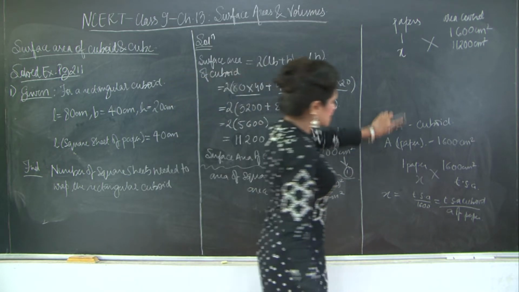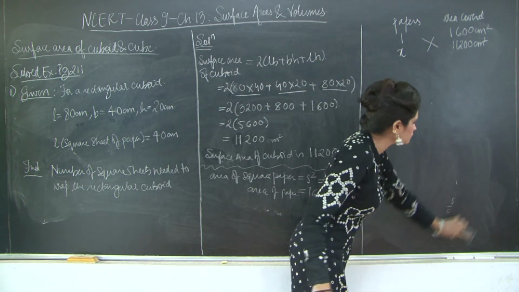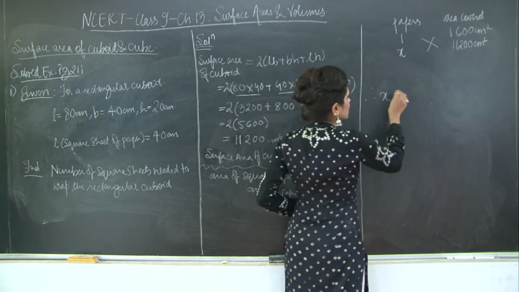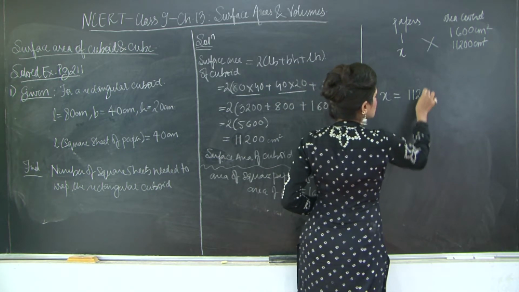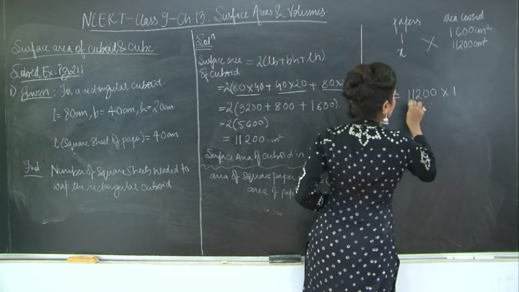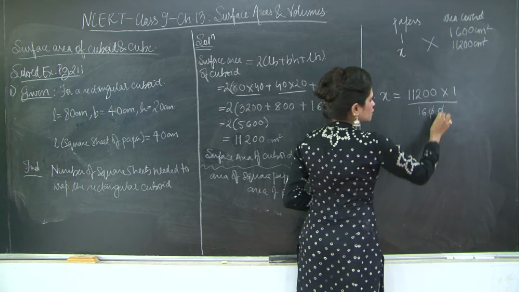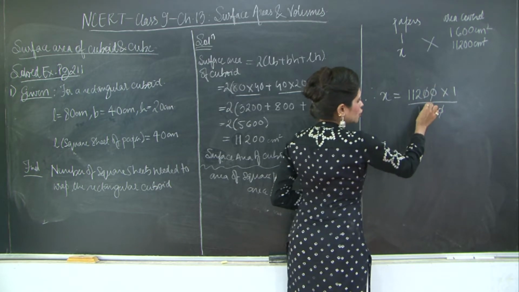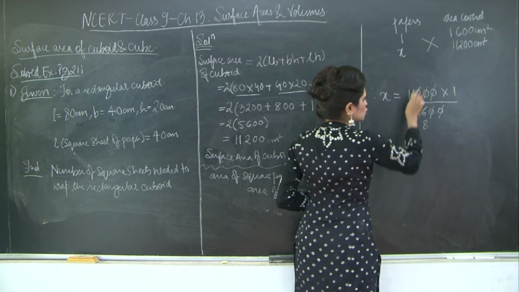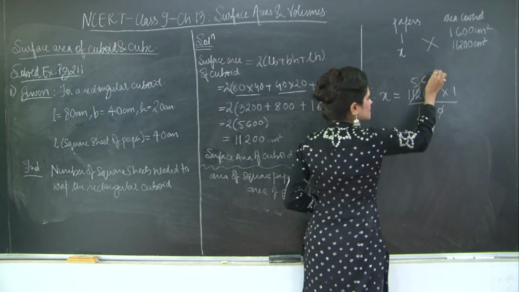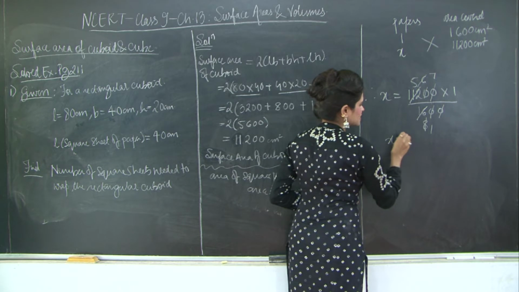So I'm going to erase this section. Therefore, X is going to be equal to 11200 into 1 divided by 1600, right? So cancel the zeros. Now 2 8s are 16, 2 5s are 10, 2 6s are 12, 8 1s are 8, 8 7s are 56. So X is 7 papers.